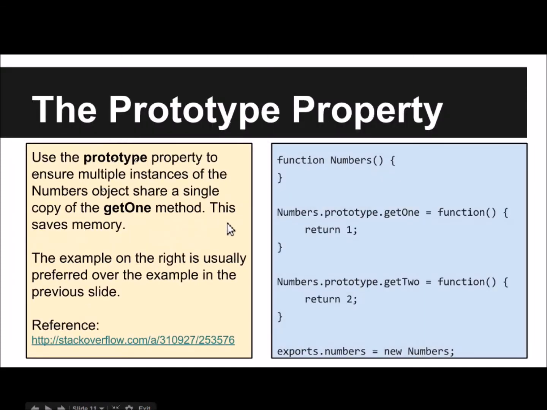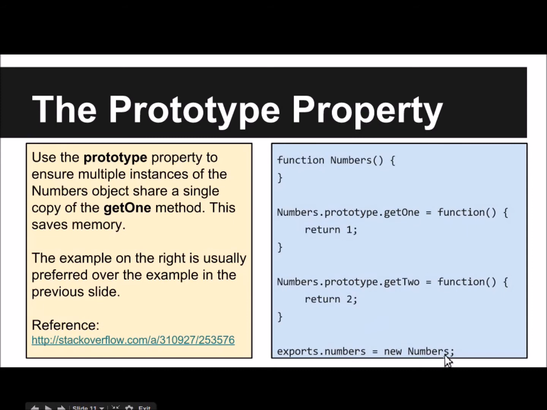If, however, we use this syntax where we create a function, then we use the prototype property to add a get1 function and add a get2 function. This is a syntax: numbers.prototype.get1 equals function, numbers.prototype.get2 equals function, and then we export new numbers.